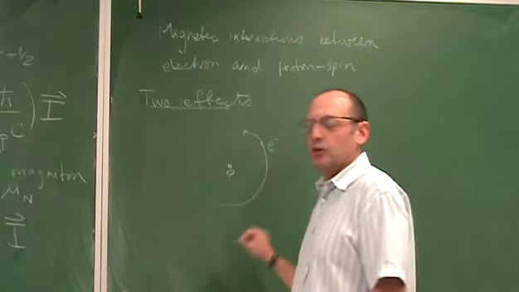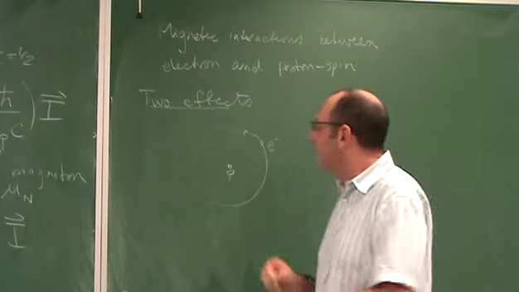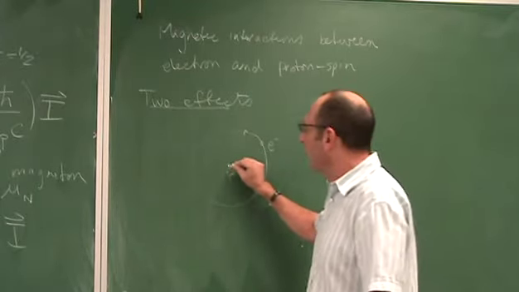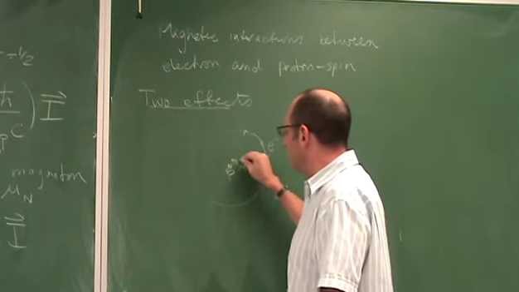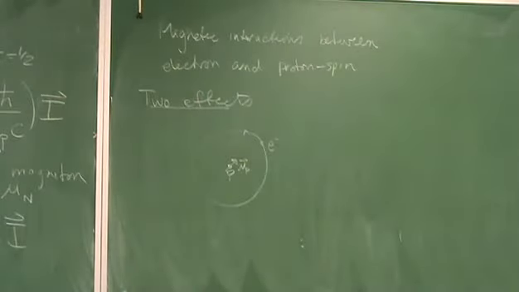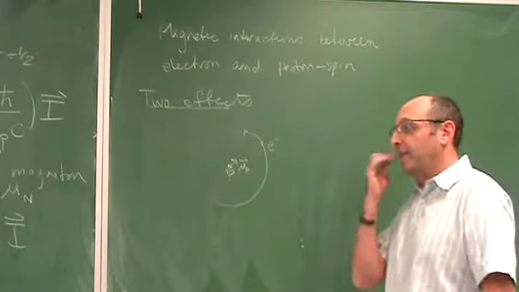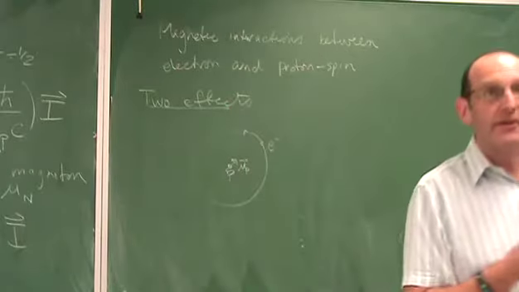And that current loop makes a magnetic field. And that magnetic field then interacts with the little bar magnet that the proton spin is. So there's an interaction that has to do with the orbit of the electron with the spin of the proton, right? And we all remember from electrostatics what the magnetic field is for a current loop, right?